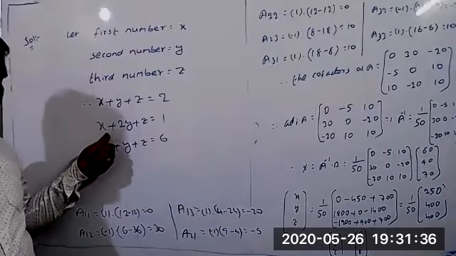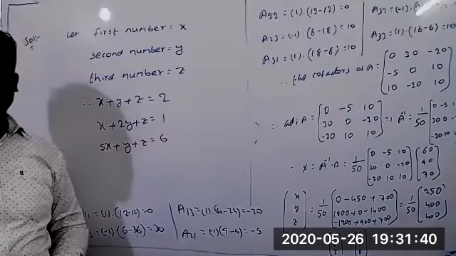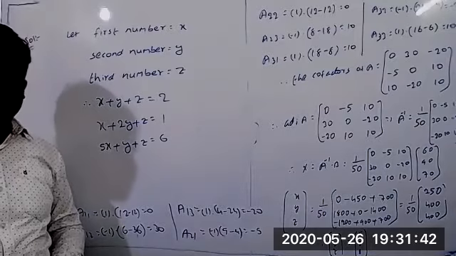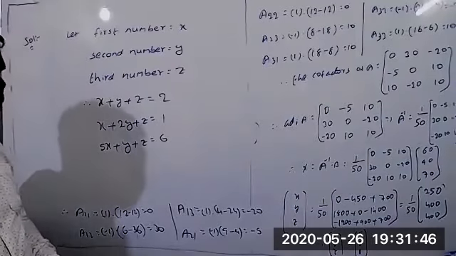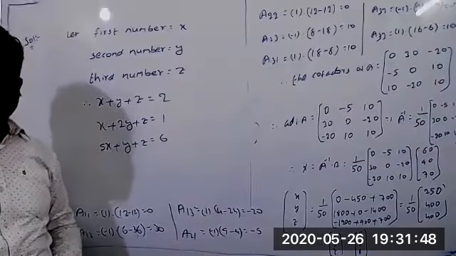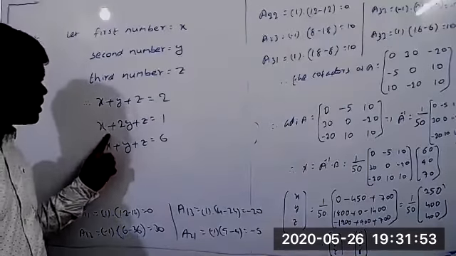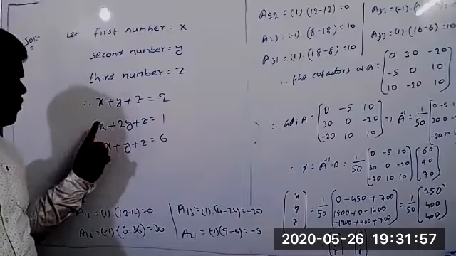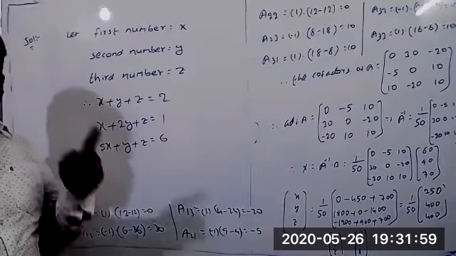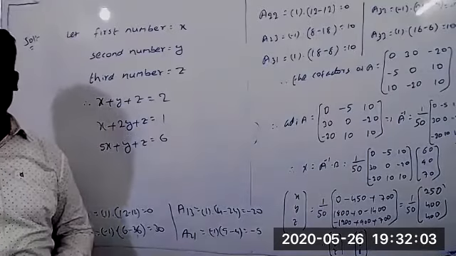So therefore, x plus 2y plus z equal to 1. When the evaluator corrects the paper, we have to make more impression, so definitely write the statement clearly, because it is an application problem, not a normal problem.